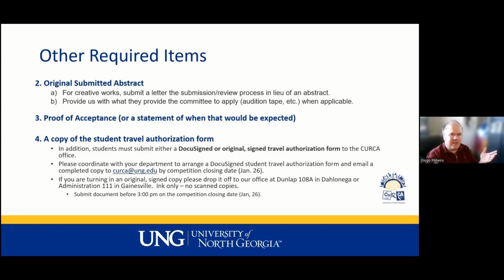But we need to have that abstract to make sure that the application is real. The other thing that we need is a proof of acceptance. Now, we understand that some conferences probably won't make a decision for a little bit. So if you don't have a proof of acceptance for the conference, submit a statement that says, oh, I expect to hear from the conference by April 15th or something along those lines, right?